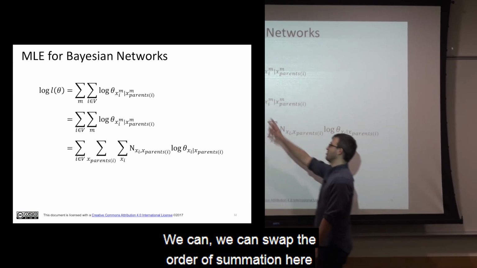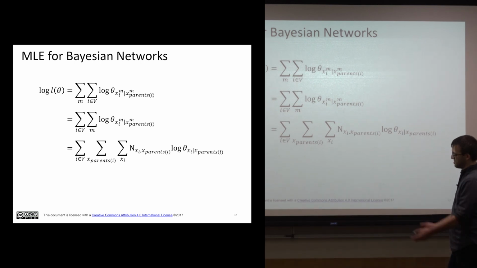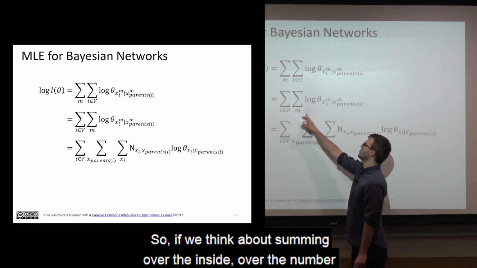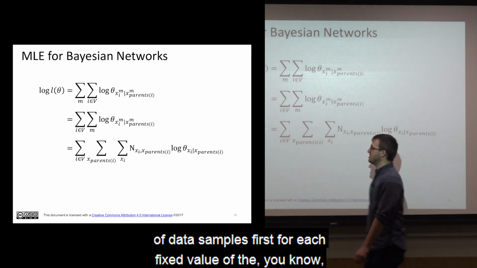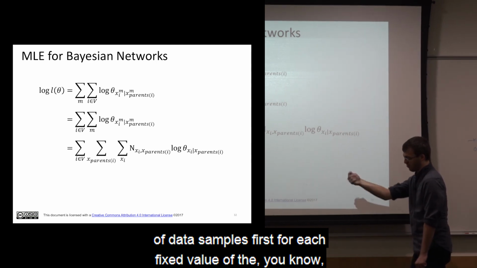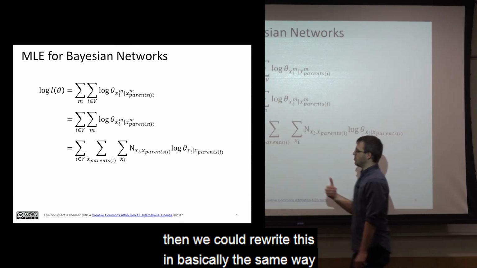We can swap the order of summation here because these are finite sums, so it doesn't matter which order we sum them in. So if we think about summing over the inside, over the number of data samples first, for each random variable in our model, then we can rewrite this in basically the same way that we did before.